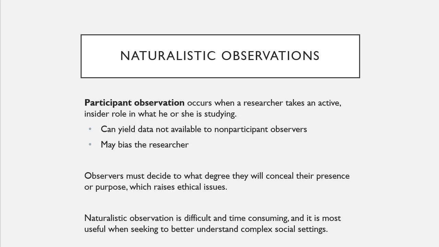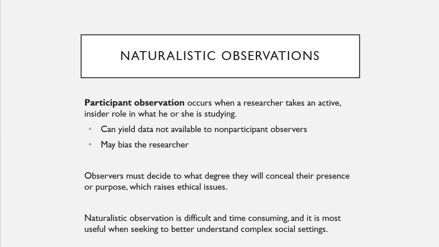So when somebody goes into a setting and does the study themselves, you have to be careful about bias. As the researcher going in, maybe you want to go to a nice fancy dinner and observe what kind of things people talk about.